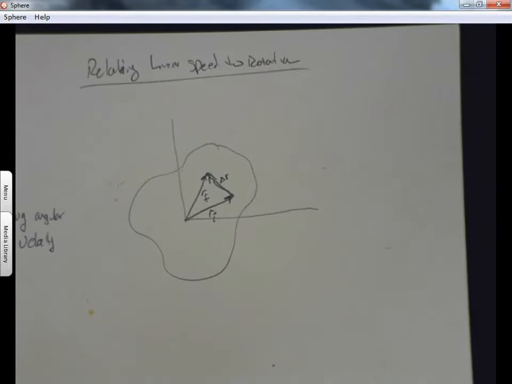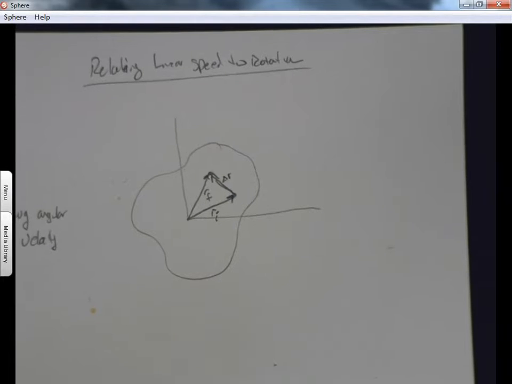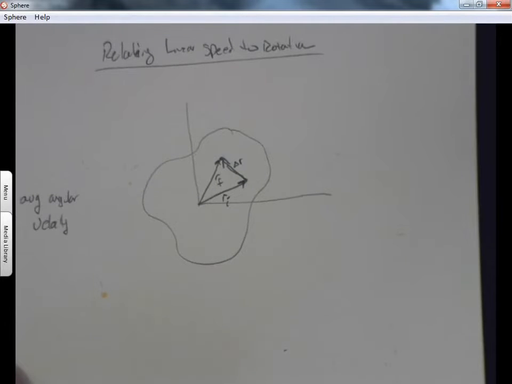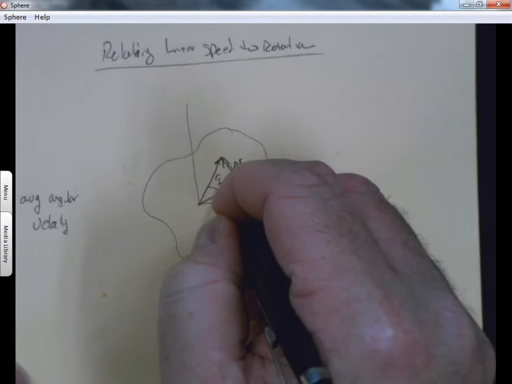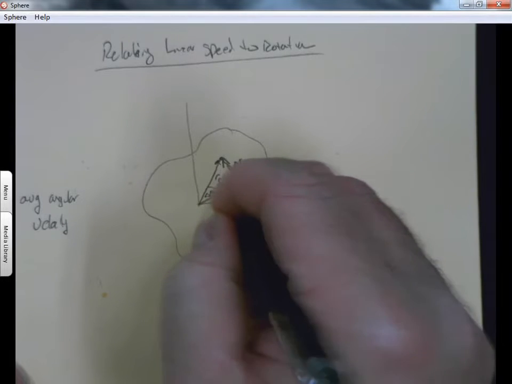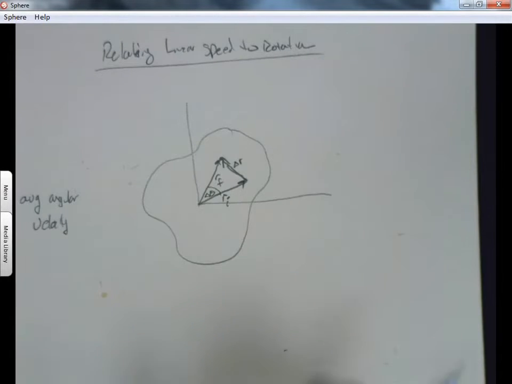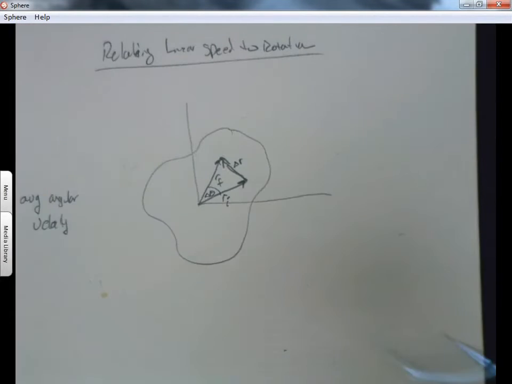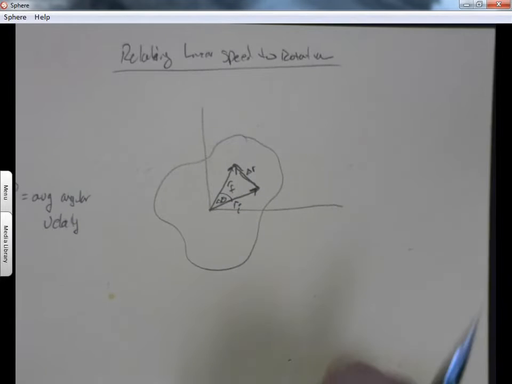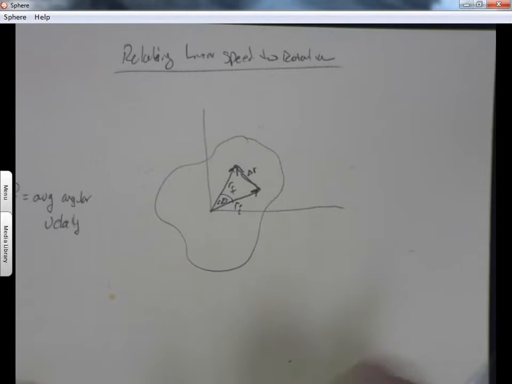Ri plus delta r gives us Rf. Well, what we also have down here is this delta theta, the angle in between our initial position vector and our final position vector. It's our change in our angle.